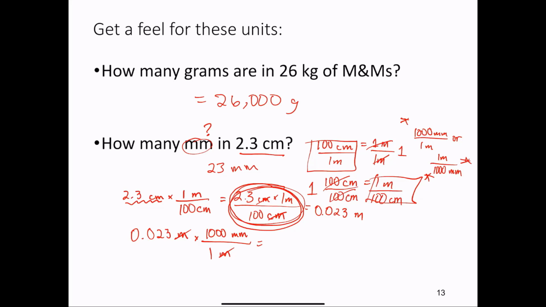So then 0.023 times 1,000 equals 23 millimeters. Okay, and so you may ask yourself, well, if I already knew how to do it the fast way, why would I ever want to do it the long way? And the answer is because there are going to be much more complicated practice problems that I'm going to be asking you to do as part of this class.